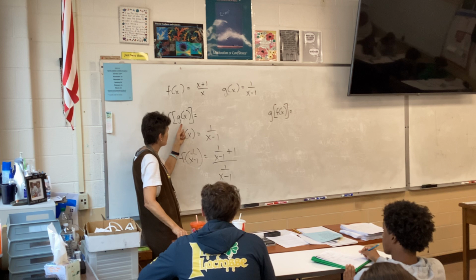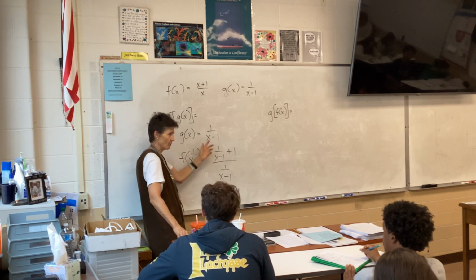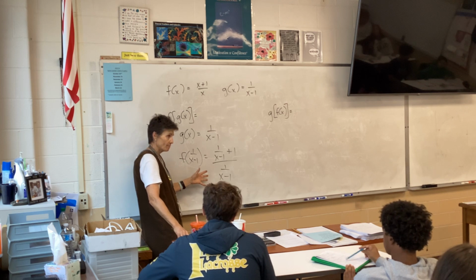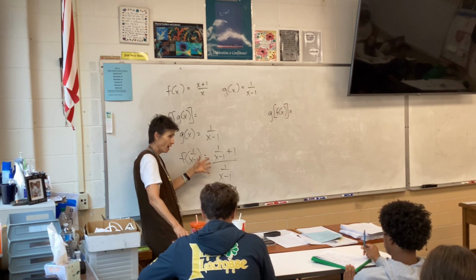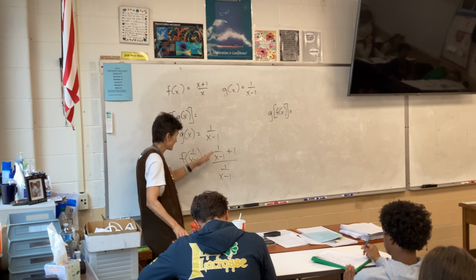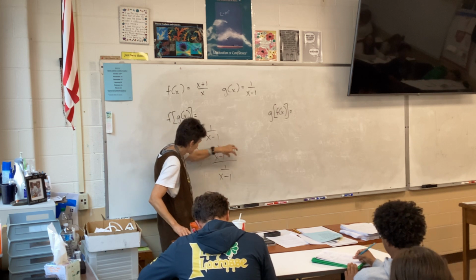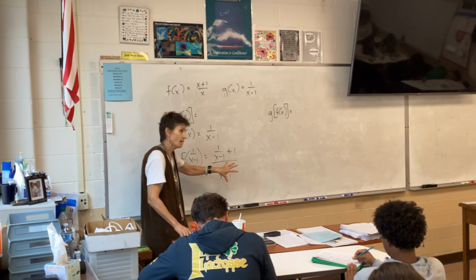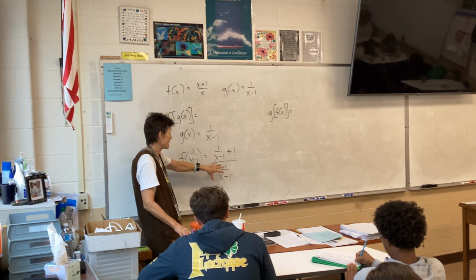I did F of G first, and he ended up with this. Anybody else get that? Okay. This is called a complex fraction. It's a big fraction that has little fractions in it. These are gonna happen to us a lot when we verify our trig identities.